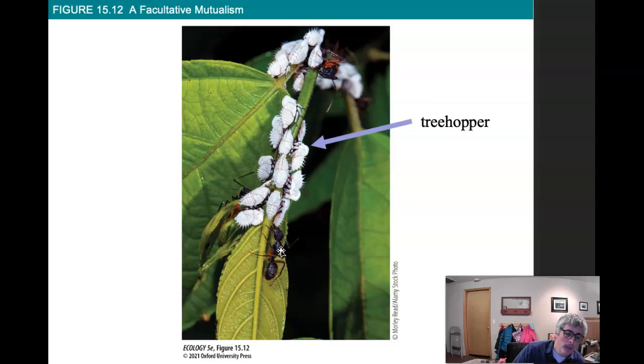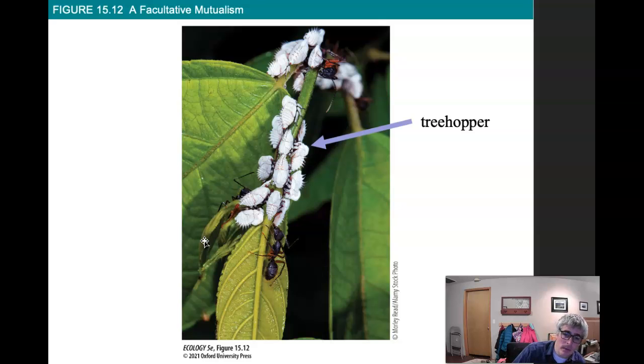And so we could think of this interaction as mutualism. Ants are benefiting, they're getting honeydew. The ants are chasing away and defending the tree hopper, so the tree hoppers are getting a benefit. You could think of it almost as parasitism, where the tree hoppers really are not getting any benefit at all from the ants, but the ants are retrieving benefit from the tree hoppers.